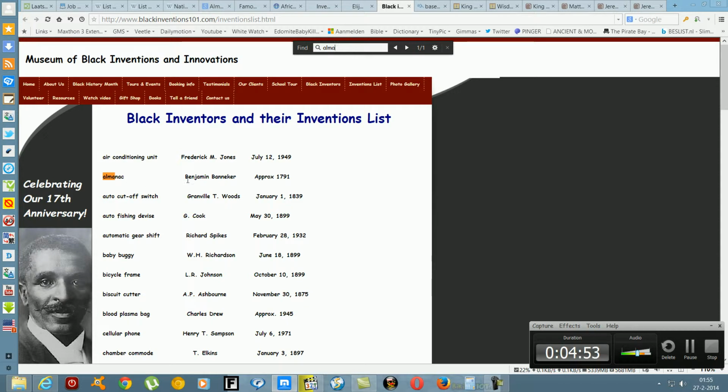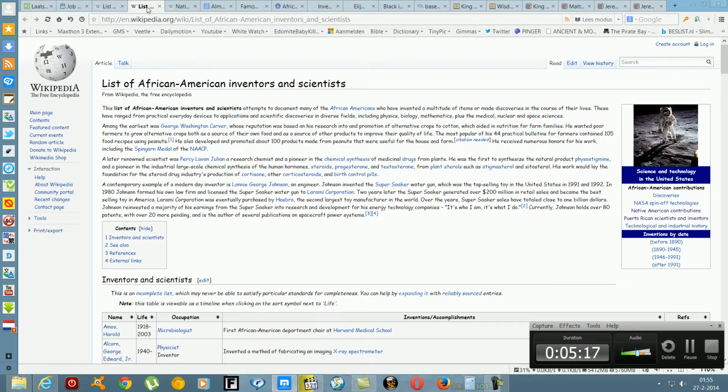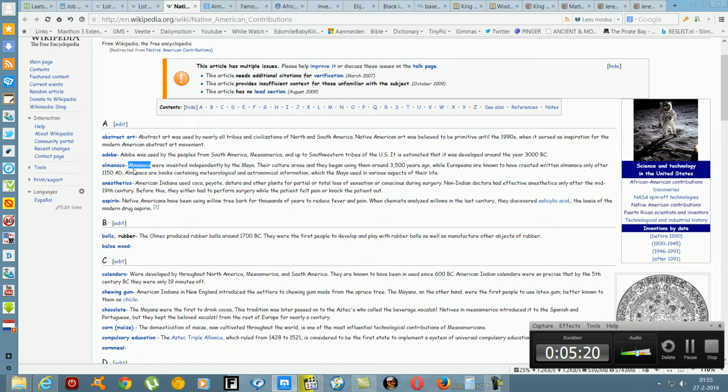Look here. It says almanac. Benjamin Banneker, approximately 1791, right? And it says here, look good at the word almanac, and it says here, almanacs were invented independently by the Mayas. Their culture arose and they began using them around 3,500 years ago.